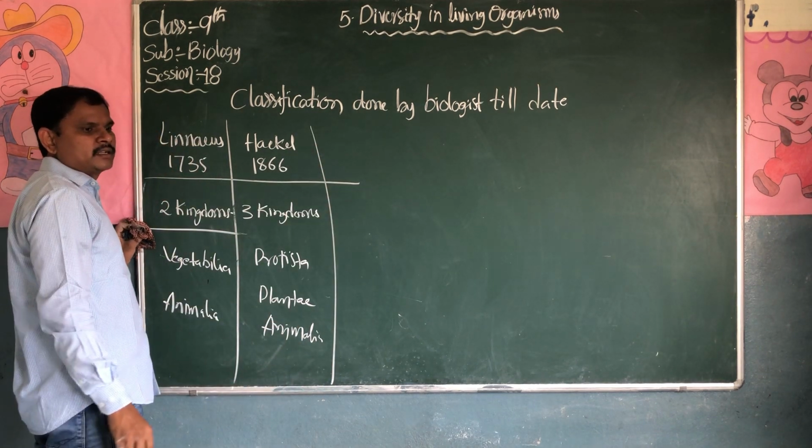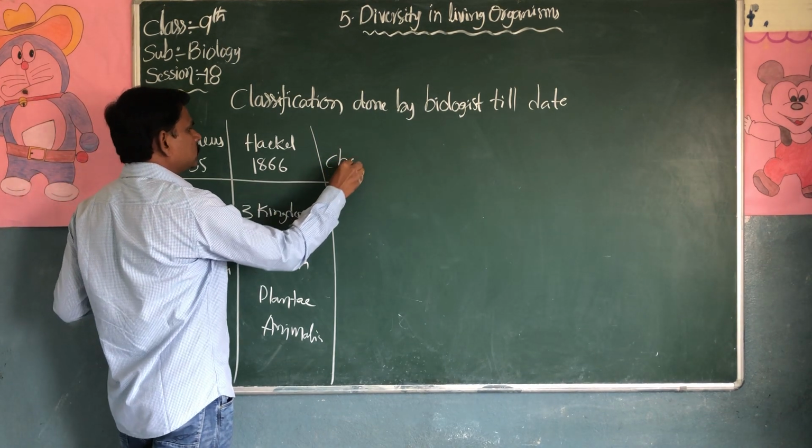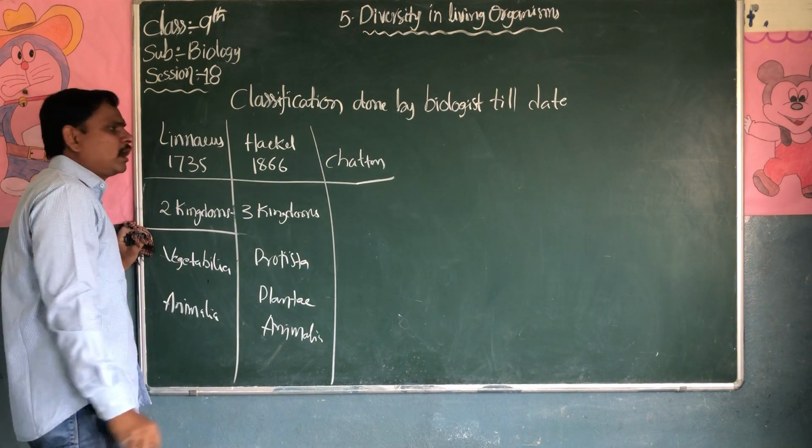Next scientist, Chatton in 1925. He divided two empires instead of kingdoms.